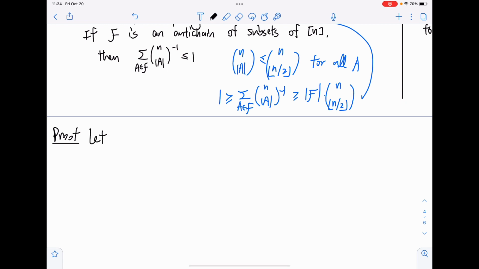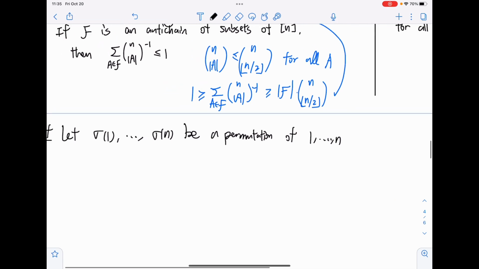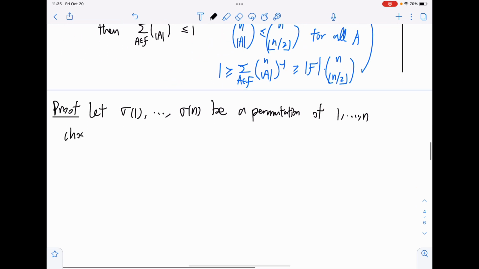First we let sigma 1 to sigma n be a permutation of 1 to n, and this is also chosen uniformly at random. And we consider the chain.